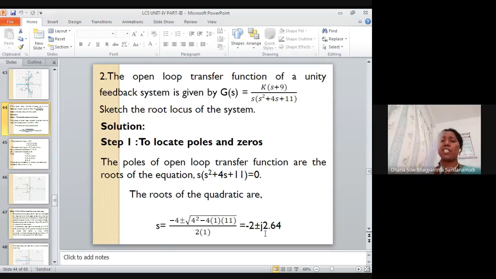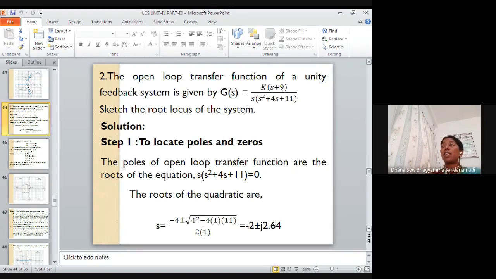Of course, 2.64 means approximately 3 only, but we want the exact value. Please type it. Okay, it is 2.64.